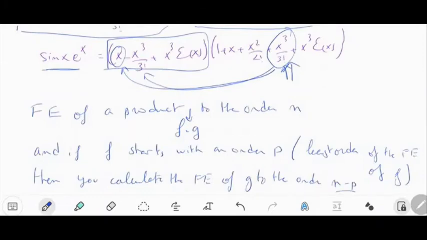You don't need to go to n, it will not be useful. This is a remark to reduce a little bit your calculations.